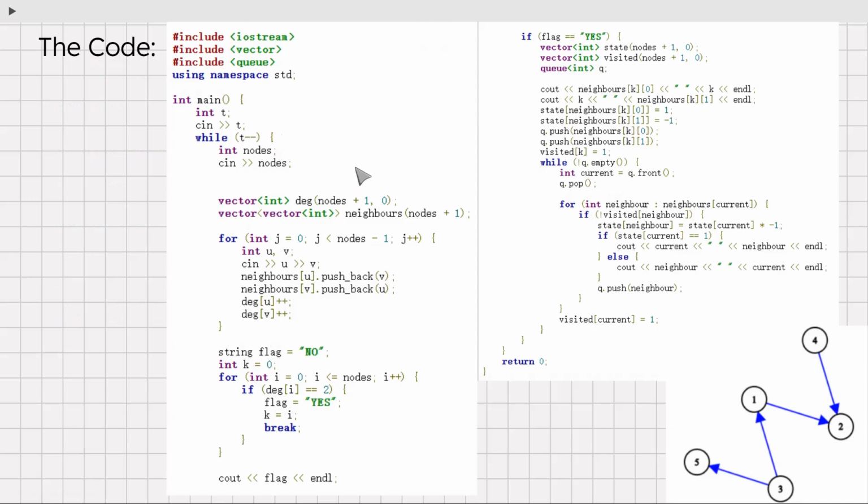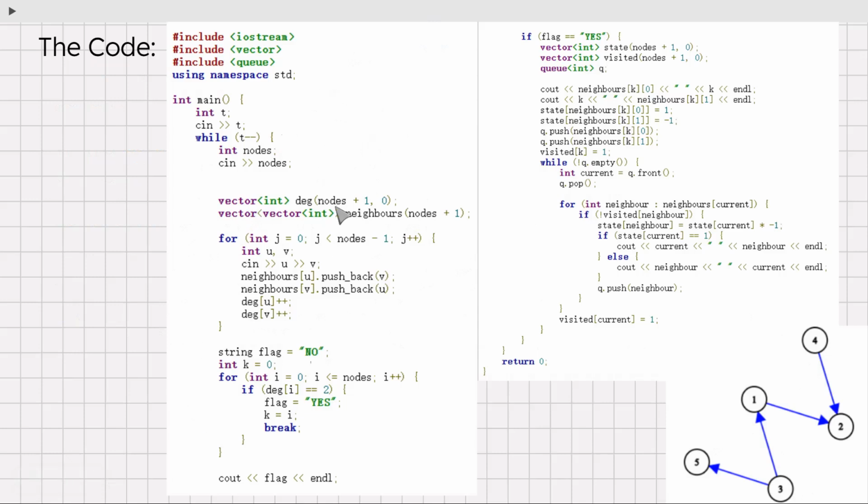Here we initialize two vectors. One is actually a matrix where we record all the neighbors for each given node, and one is to record the degrees of the nodes. We initialize the tree, and for each undirected edge we read, we push the neighbors into their respective locations, and we add 1 to the degrees of the two nodes respectively. Then we first determine whether it is possible to reach the n good pairs condition asked by the question.